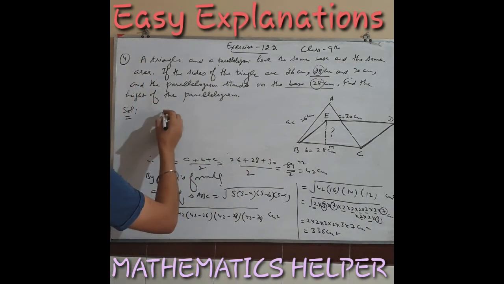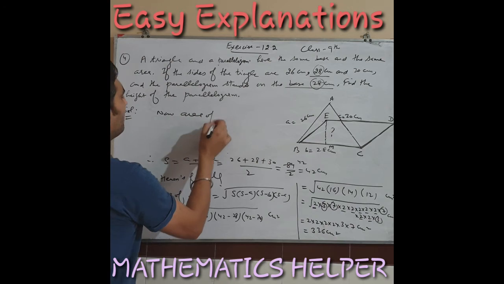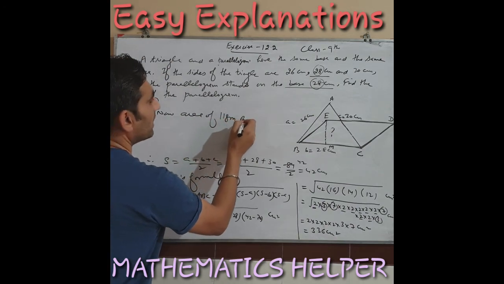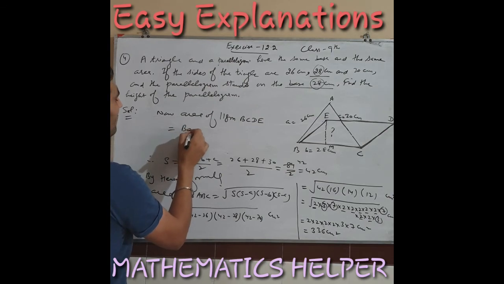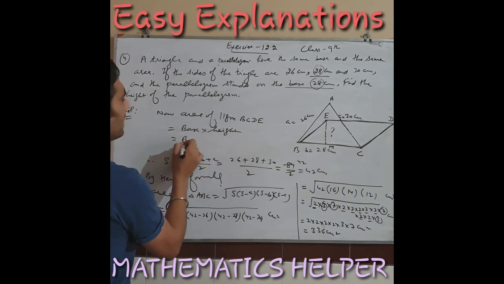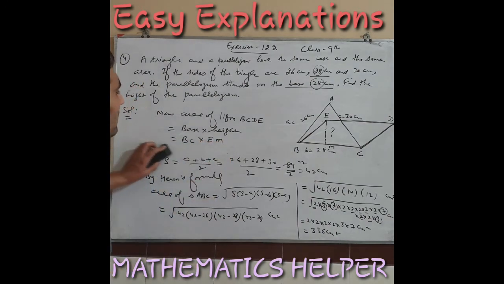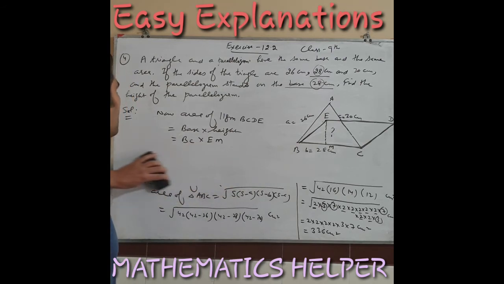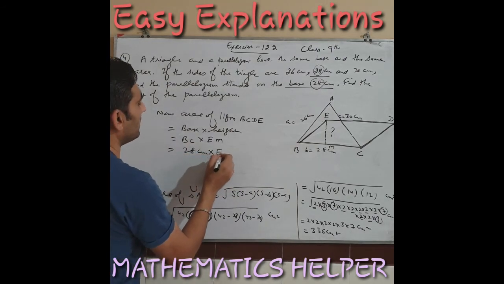You will write now the area of the parallelogram BCDE: base into height, or in terms of sides we can mark BC into EM. But here you have the value of BC. BC is 28 centimeter, but we don't have EM.